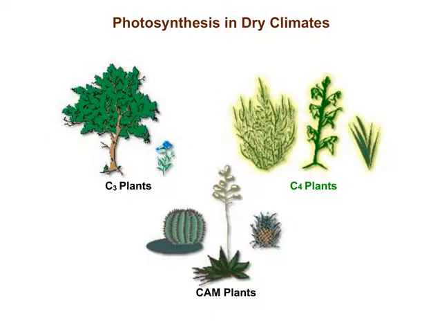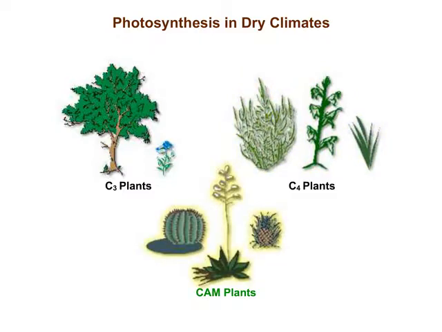C4 plants have anatomical adaptations that concentrate chloroplasts in cells into which 4-carbon dioxide carriers are actively transported. This increases the flow of carbon dioxide into the leaf, allowing C4 plants to have smaller stomata openings. This in turn decreases water loss.